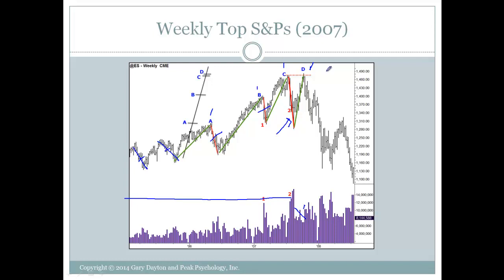It doesn't have to be preceded by this high volume here and this big wave down like it is. That's just icing on the cake for us. Just on its own, an upthrust is a sign of weakness, and the reverse, the mirror image of an upthrust, is a spring, and that's a sign of strength. We'll see plenty of springs here as well.